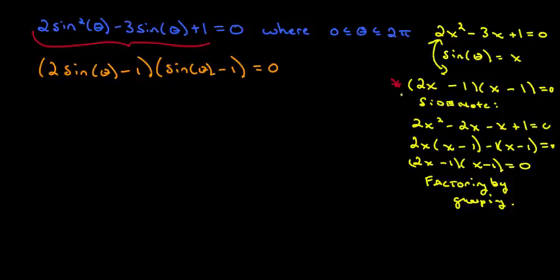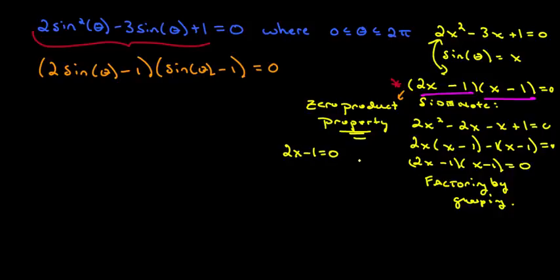So now what you would normally do is use the zero product property. That says that if you have two things and you multiply them together and they equal 0, then one of them has to be 0, if not both. So the possible solutions are 2x minus 1 is equal to 0, or x minus 1 is equal to 0.